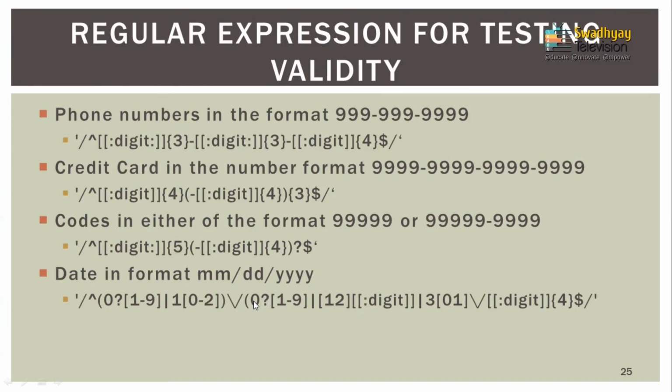Then the date can be 0 to 31, so 0 which is optional, 1 to 9, or it can be 10 to 19, 20 to 29, so I write 1 or 2 and the digit class. Or for 30 or 31, it will be 3 and 0 or 1. Finally, for the 4-digit year you can write digit 4 times. So this is what you can use for validity testing.